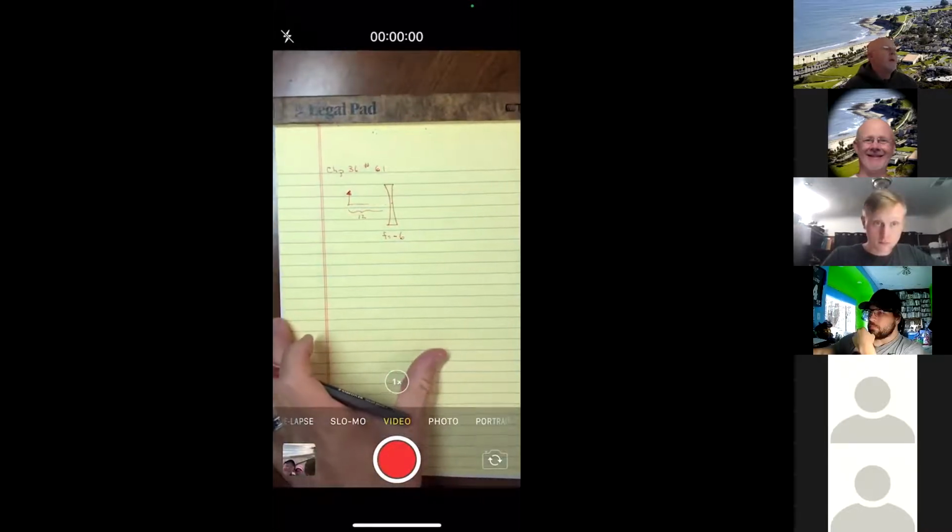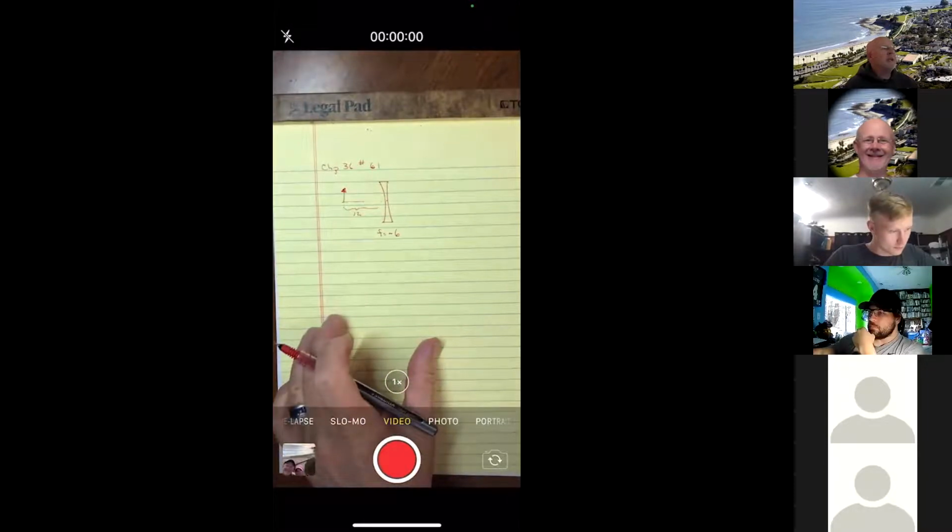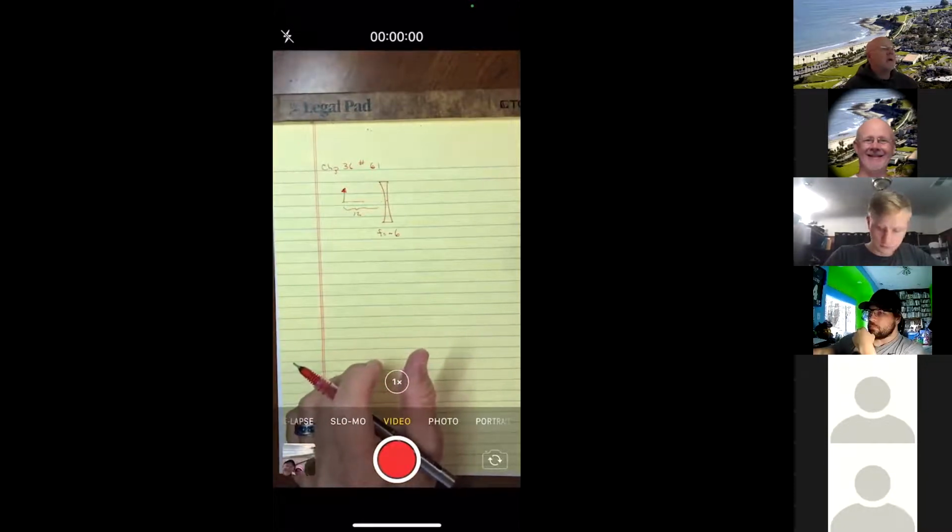Okay. Then it says a converging lens. Oh, so we got two lenses here. Of focal length 12 is placed a distance d to the right.